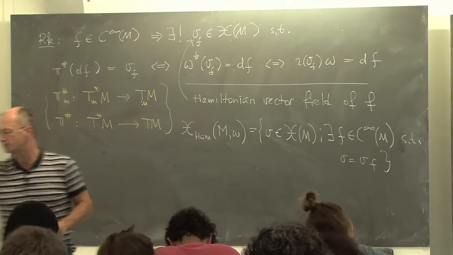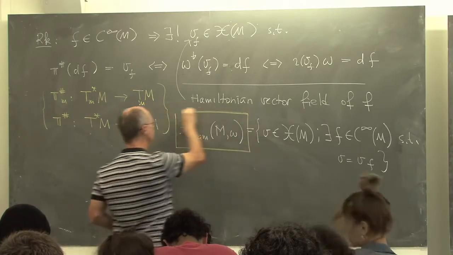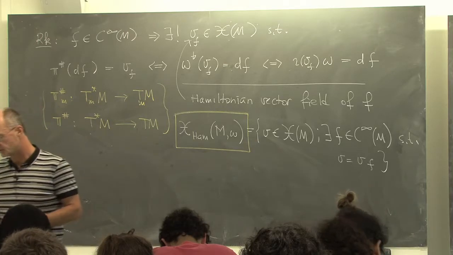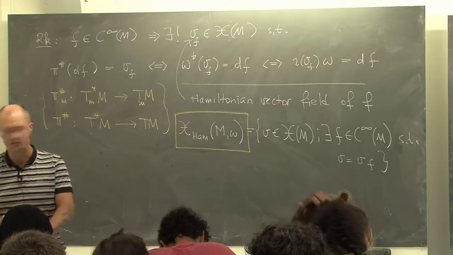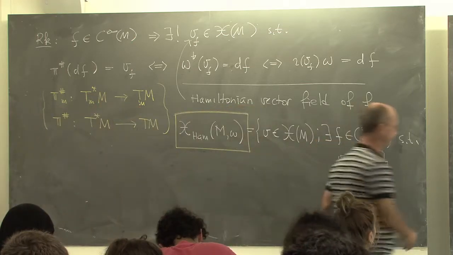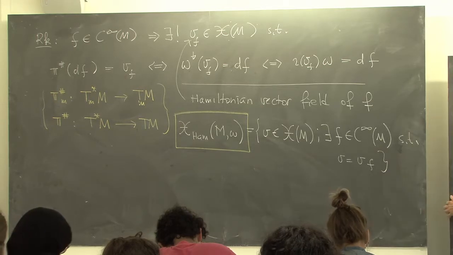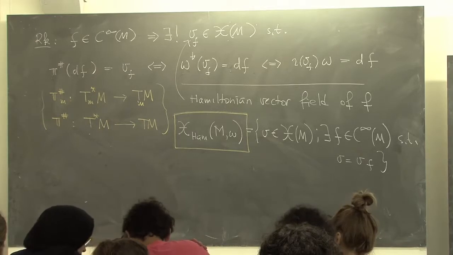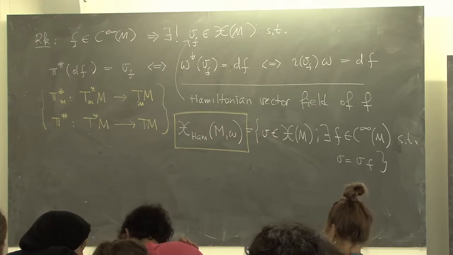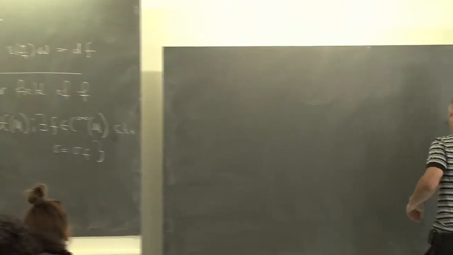So this turns out to be a very, very important concept. And now we'll see the simplest properties of those Hamiltonian vector fields. So let me formulate a relatively lengthy proposition.